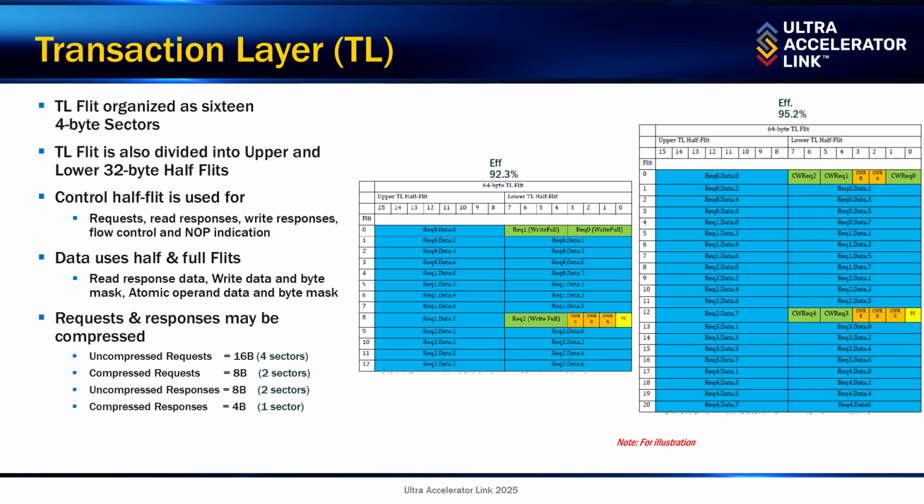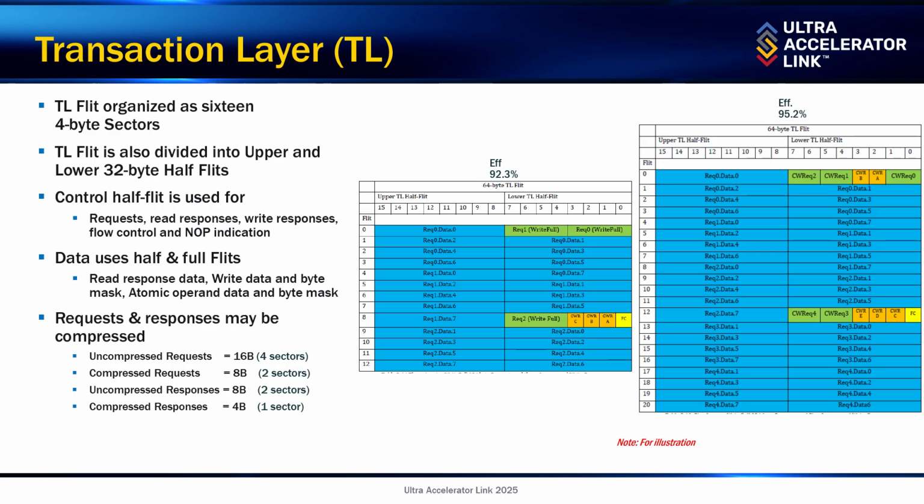TL flits are organized as 16 4-byte sectors left to right. It's divided into an upper and a lower half flit of 32 bytes each. The control flit is used to issue requests, read responses, and write responses. The other flits, the data half flits, which are shown here in blue, are the data for the given requests and responses.